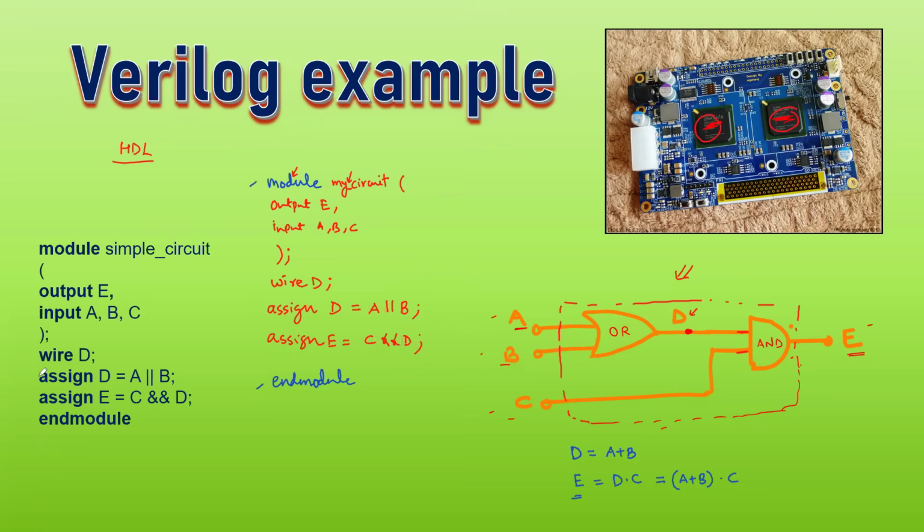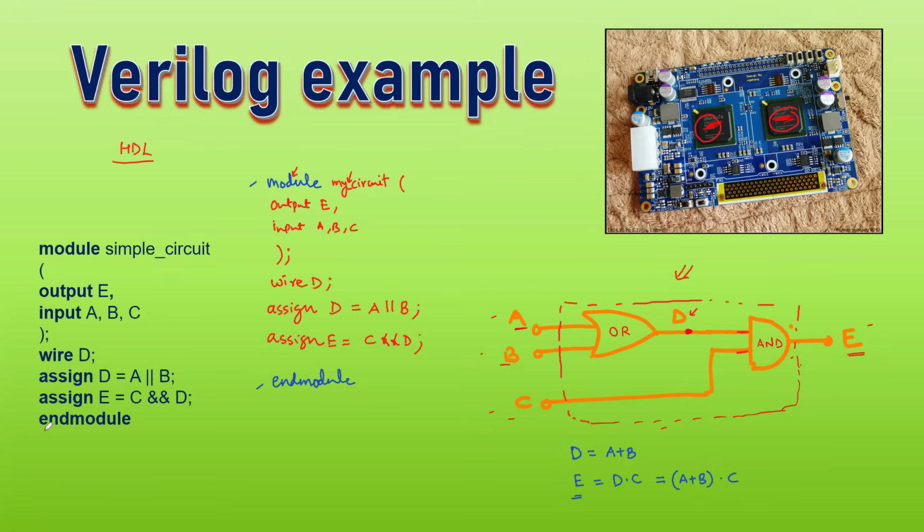So that's precisely what I have done. Assign D is equal to A or B, and assign E equals C and D. This operator represents the ORing, and this operator represents the ANDing operation.